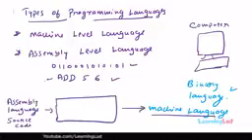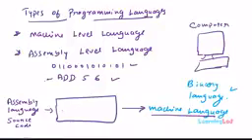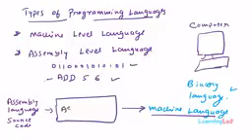To convert that, a program was used, and that program is called the assembler. So this assembler will convert the code written in the assembly level language to machine level language.